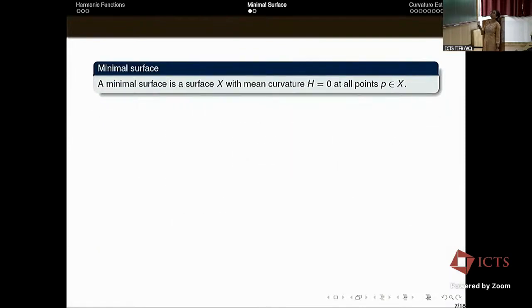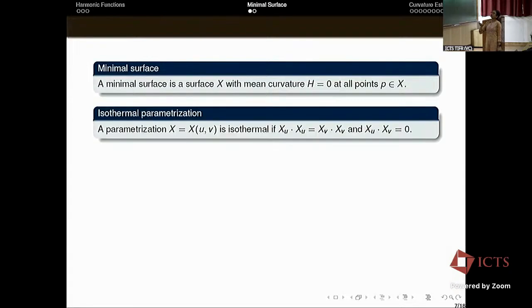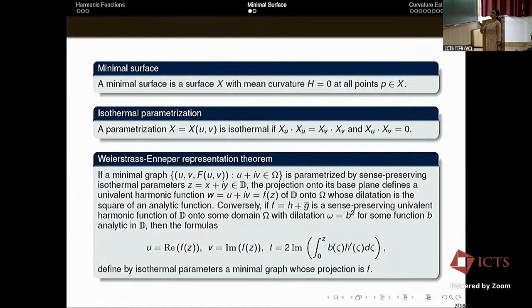Now coming to minimal surfaces. We call a surface a minimal surface if its mean curvature is 0 everywhere on that surface. A parametrization of a surface X is called isothermal if it satisfies these two conditions. Now this Weierstrass-Enneper representation theorem reveals a connection between minimal surfaces and harmonic univalent mappings.